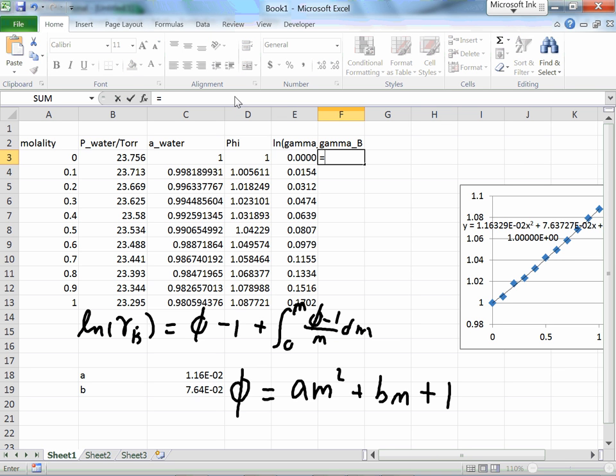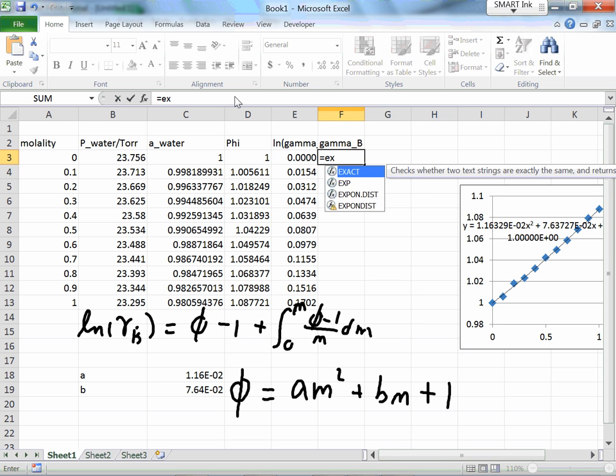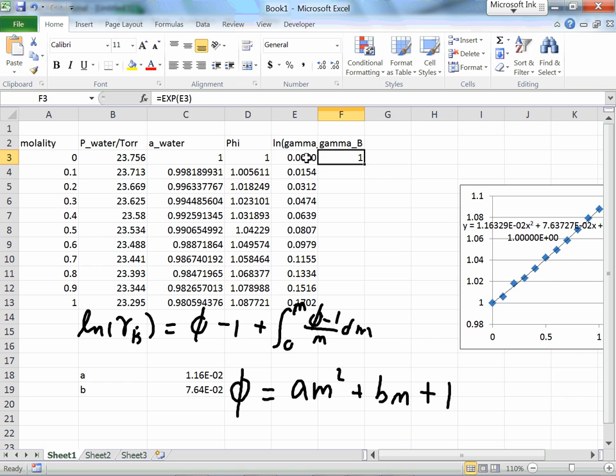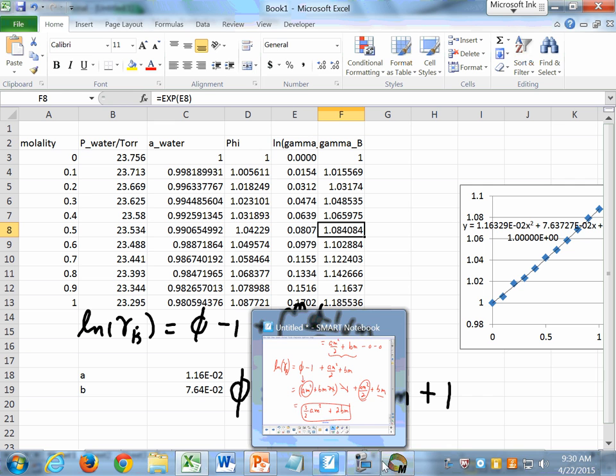Yeah. Inverse log. E. So exp of ln gamma. So of course gamma B is going to be 1 for 0 molality, and you copy that down. These are your gamma B's. Okay, so that's how you figure it out. That's how you do practical osmotic coefficients.